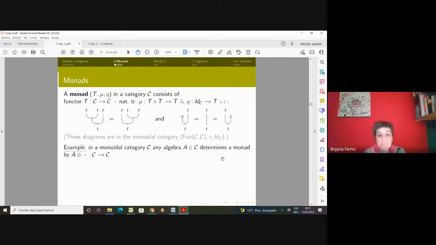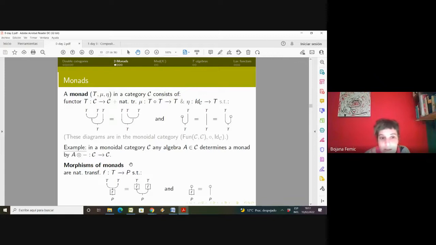Now, an example. If you have a monoidal category C and an algebra A inside, it determines a monad by tensoring with A. So then the multiplication of A gives rise to the natural transformation mu, and the unit of A gives rise to this eta natural transformation.